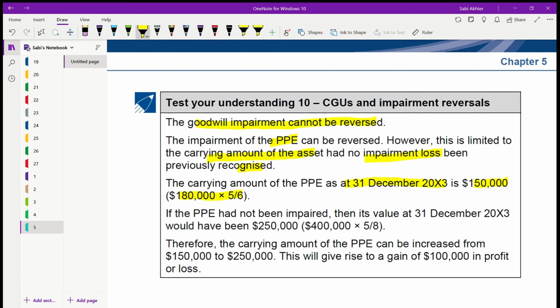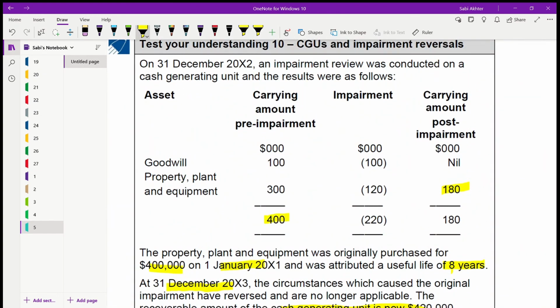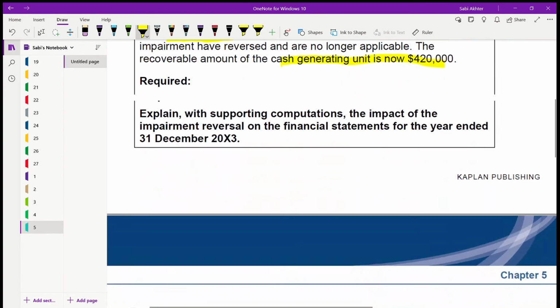Okay. If it had not been impaired, then its value at 31st December 2003 will be this much. It will be divided by 8, the original useful life, and into 5, because 3 years depreciation starting from 2001 will be deducted. So 5 over 8 into 400,000. If you had not impaired, it will be this amount only. Okay. Goodwill also you have to take.